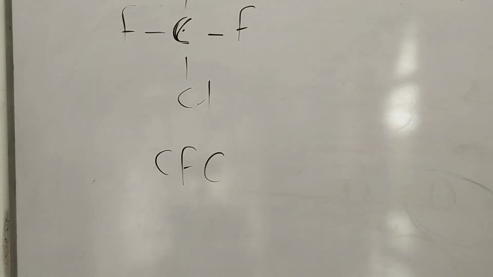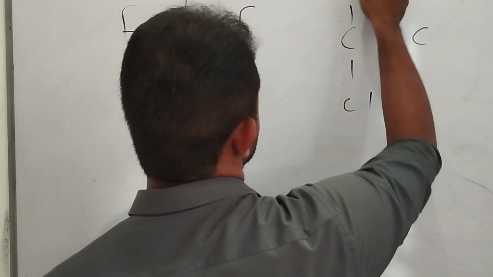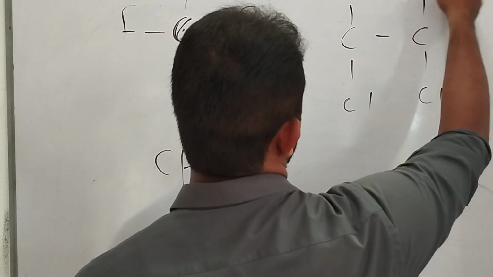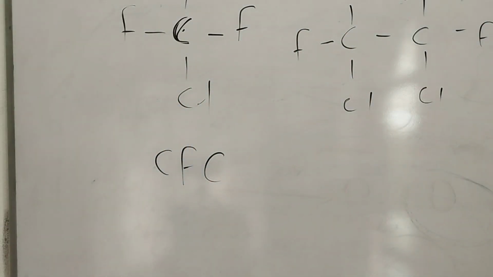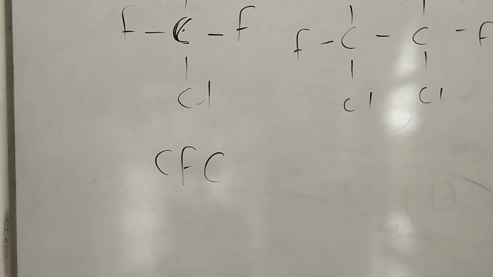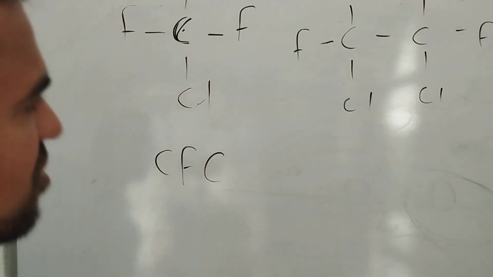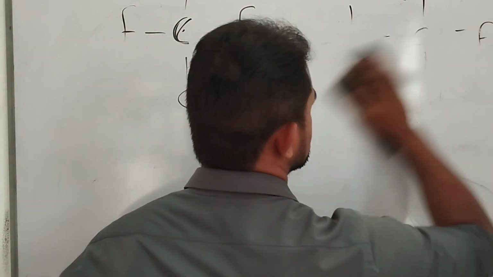There's another type of chlorofluorocarbon which has 4 chlorine atoms and 2 fluorine atoms. These two are CFCs. They cause the depletion of the ozone. How it occurs, we'll see.